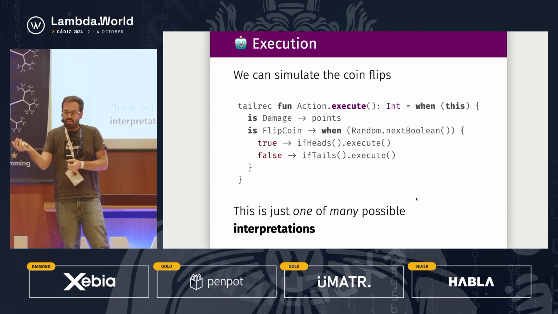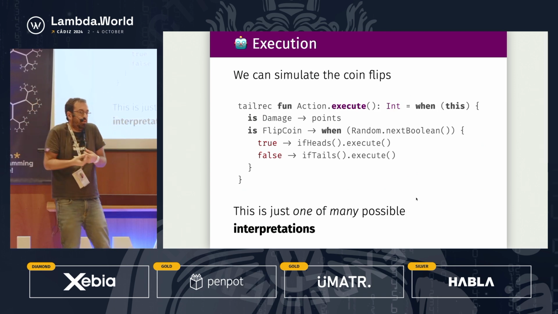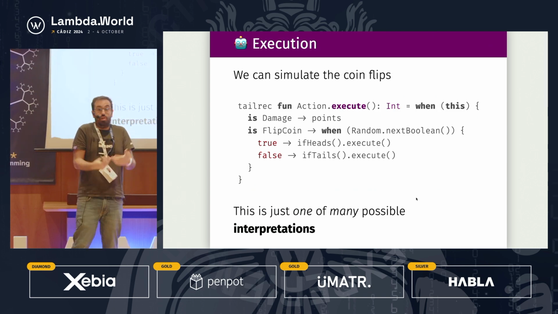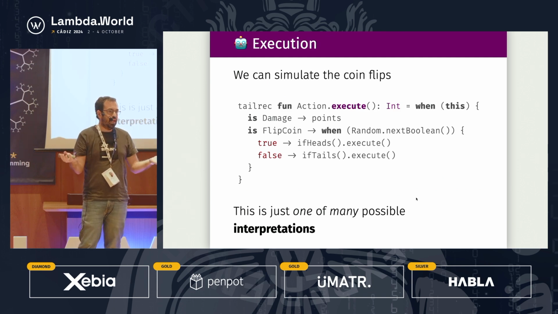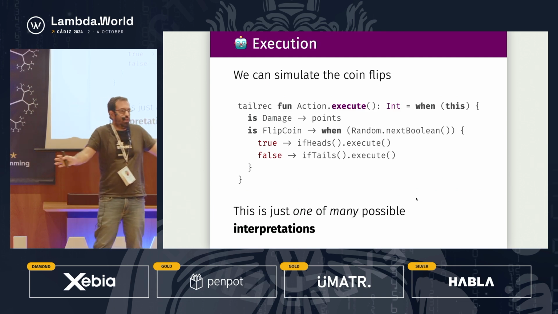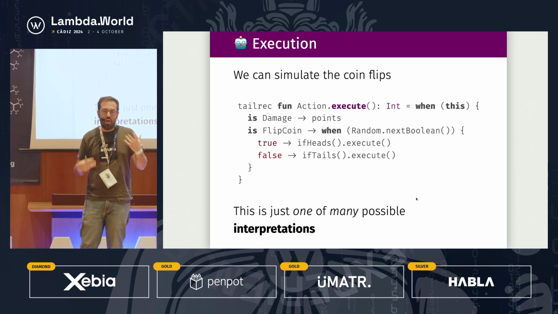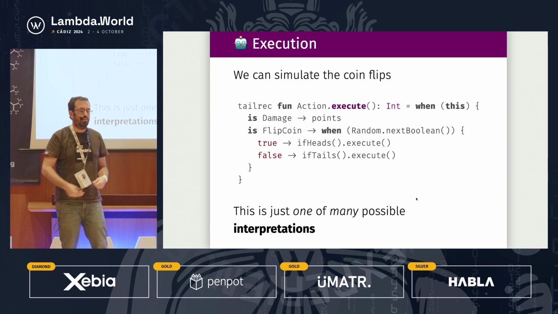I just want to mention that running this is actually just one thing you can do. You essentially have the program, so you can try to do more things here. You could imagine trying to give the average damage you do here by averaging both branches, or counting how many coin flips you need to execute this attack, or doing them all at once when you are running your program, things like that.